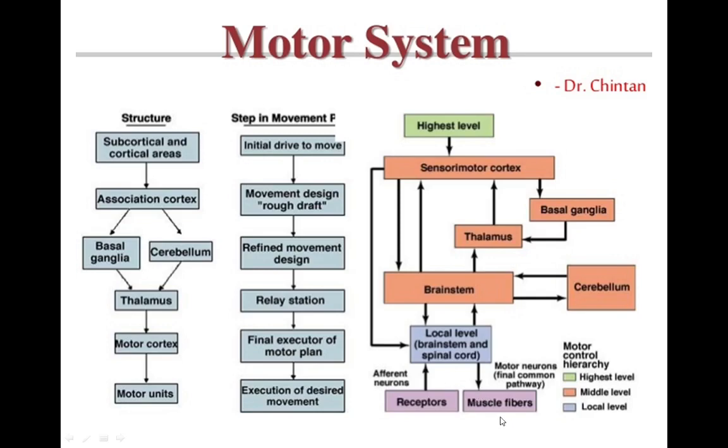The lateral pathway consists of the lateral corticospinal tract and the rubrospinal tract. These are considered to be the lateral pathways, and they are concerned with the production of fine skilled movements.